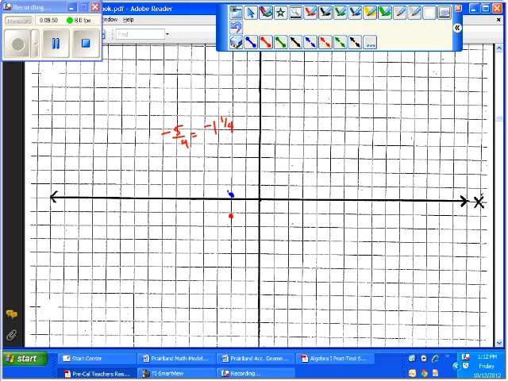And then the second point went from negative 1, 1 half, and it ended up at negative 1, negative 3 halves.